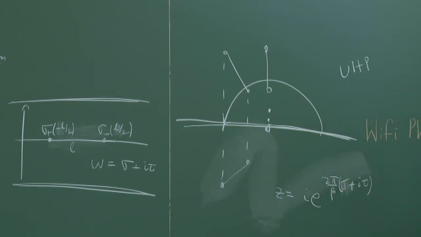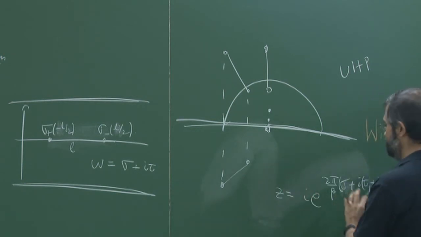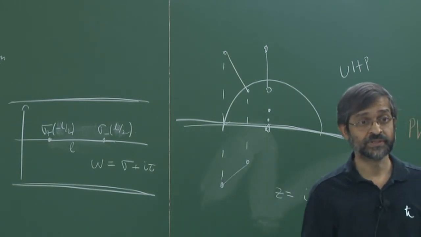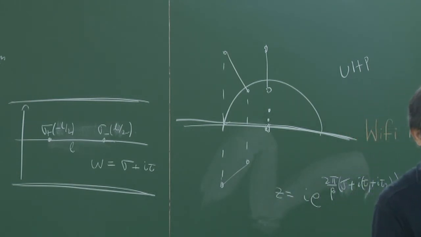Now suppose that I make this tau into tau 1 plus I tau 2. It turns out that I can keep the z and z bar independent in my calculations. Z and z bar don't get mixed up in my calculations.